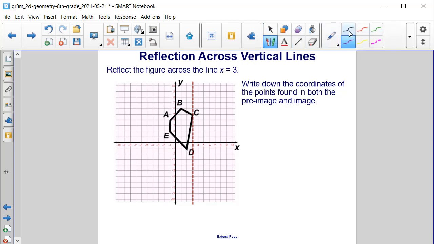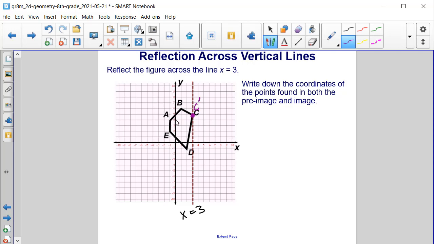So right here is where x equals 3, that line is. And one thing that I noticed right away is, well, point C is right on that line. So C prime is going to be in that same location. It's not going to move.